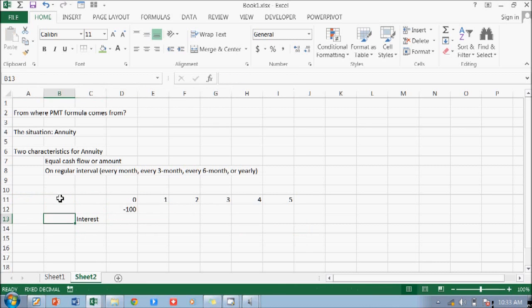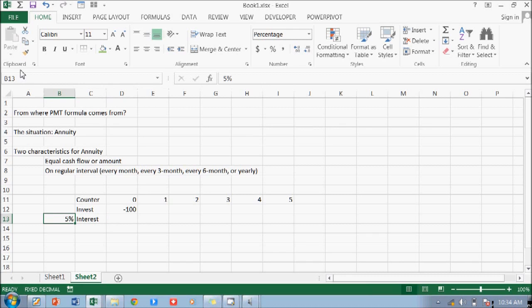Your interest is 5%, for example, 5% every year. I can put a counter. So this is your investment, minus, and your interest. This is the counter 0, plus 1, 2, 3, 4, 5, and then you have 5%.